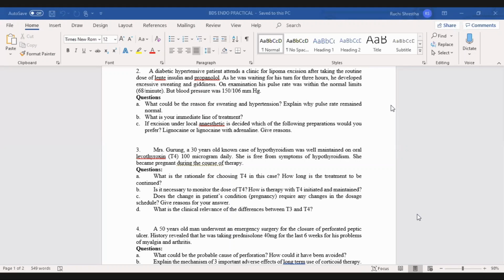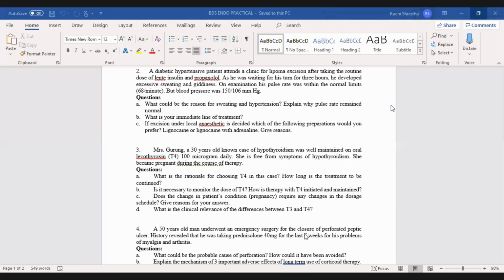The rationale for choosing T4 in this case is that T4 is normally stable. It has a longer half-life. Also, it doesn't have side effects such as cardiotoxicity, so here T4 is chosen over T3. Also, T4 can be converted into T3 in the peripheral tissues.